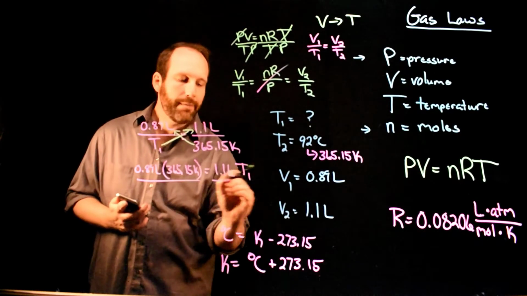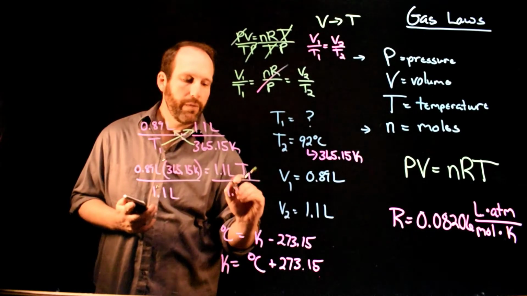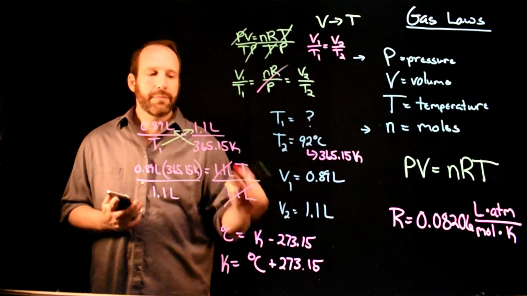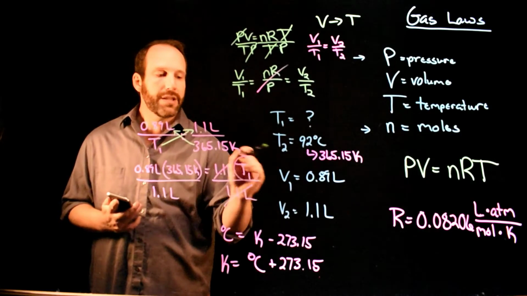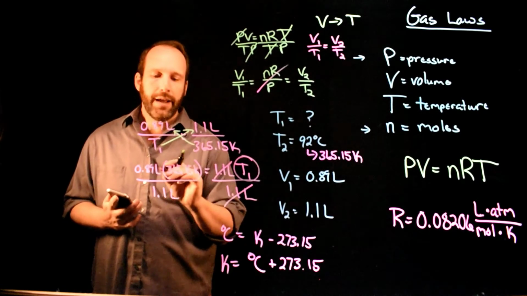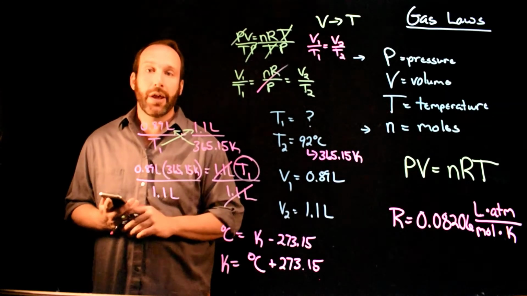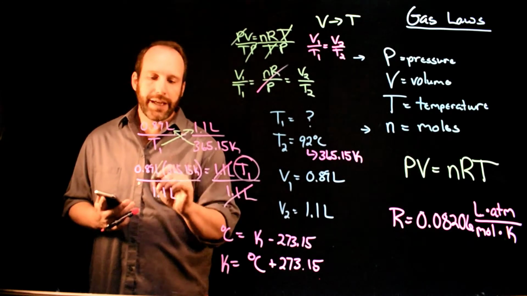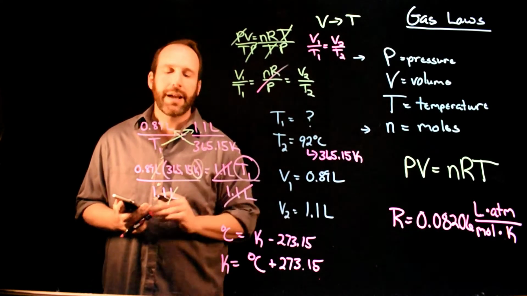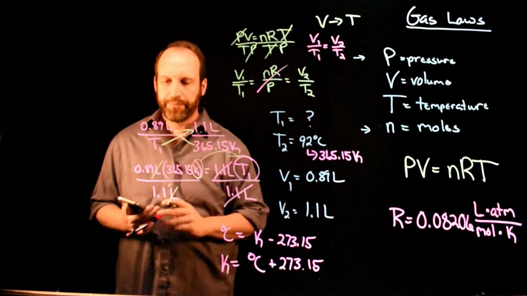And now I can divide both sides here by 1.1 liters, and that gets 1.1 on the top and bottom to cancel, leaving me only with T1 on this side of the equation, and I've got 0.89 liters times our temperature in Kelvin divided by another volume in liters. So liters in the numerator and denominator cancel, and so the only unit that I'm left with is Kelvin, which is a temperature unit. Okay?